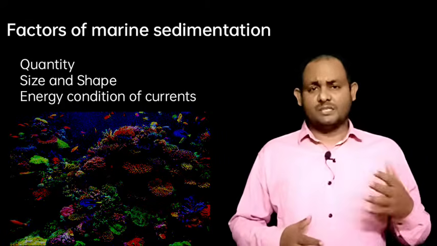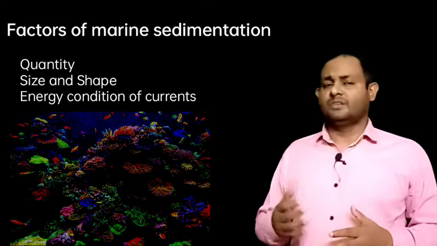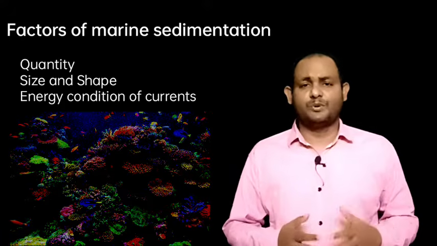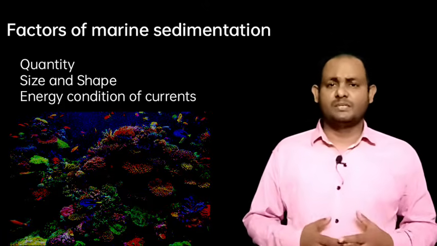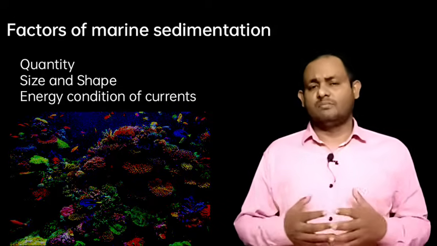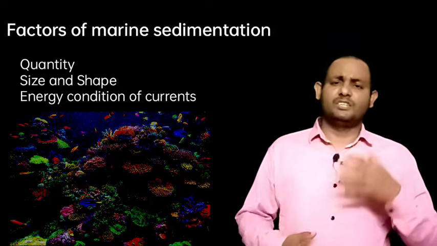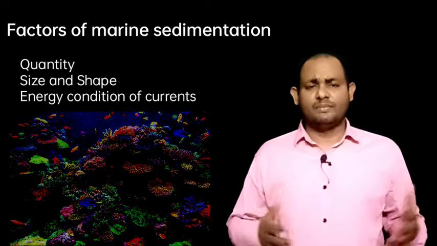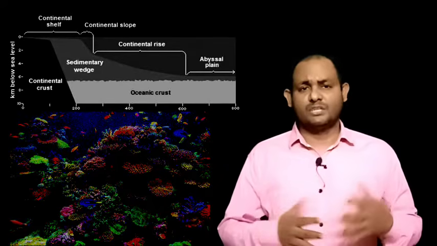As stated earlier, rivers are the major transporting agents of marine sediments. The continental rocks are eroded by surface runoff and rivers, and the eroded material is brought to the ocean by these rivers.